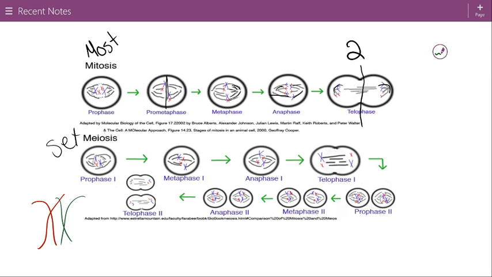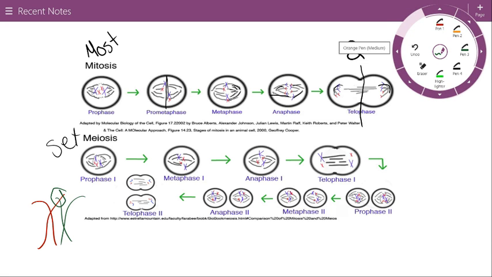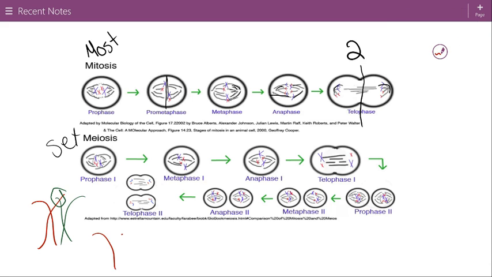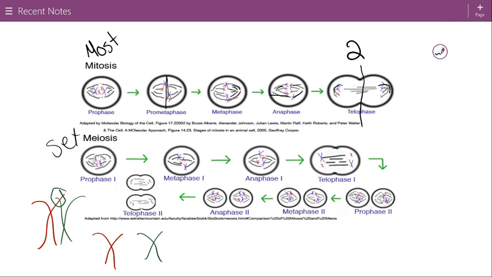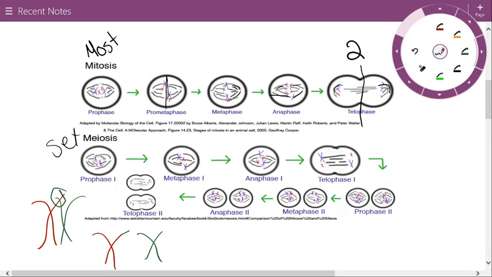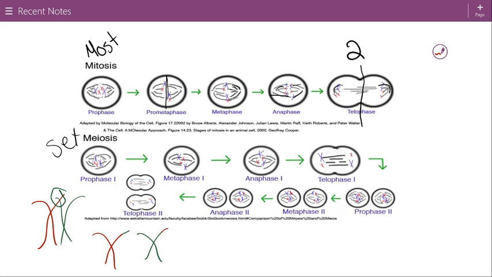They will intentionally swap part of their chromatin to create a new combination of genetics, which is why children don't always look exactly like their parents.